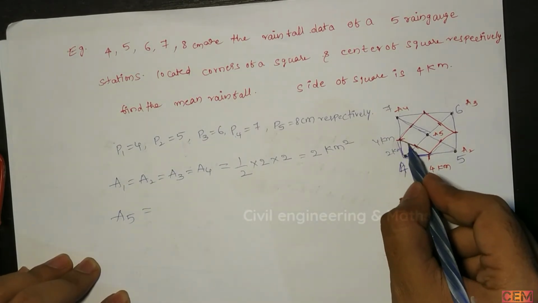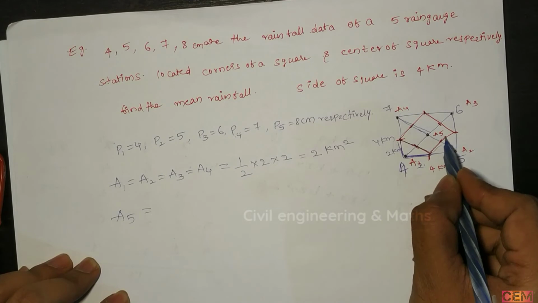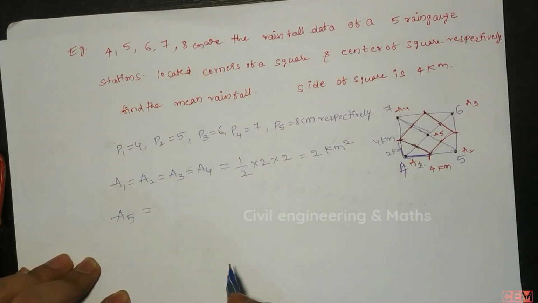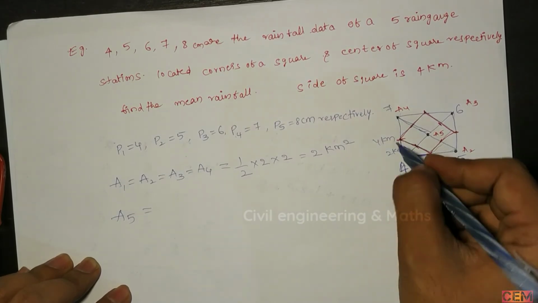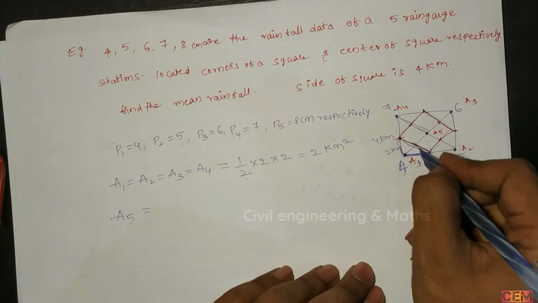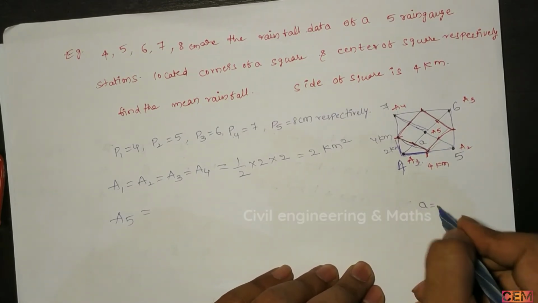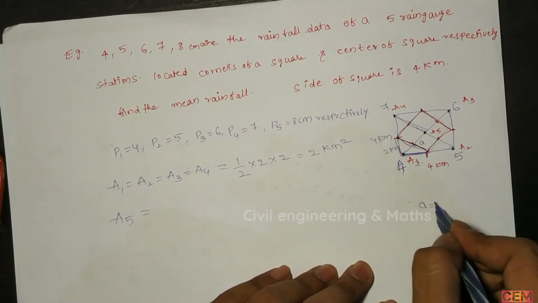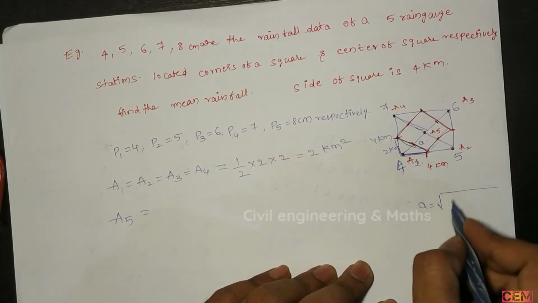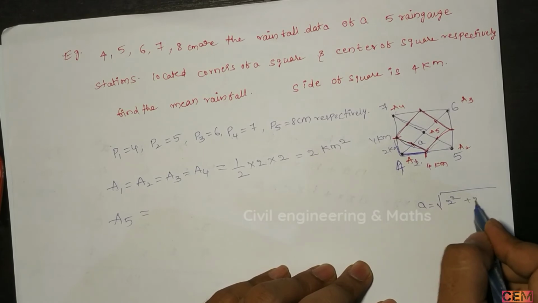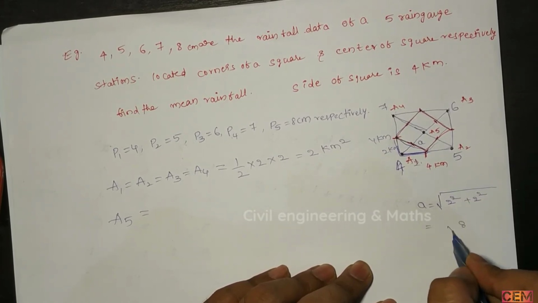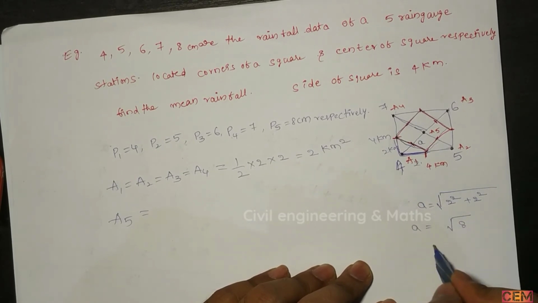Find the length of the inner rhombus side. Under Pythagoras theorem, A equal to root of 2 square plus 2 square, which is root of 4 plus 4, root 8.